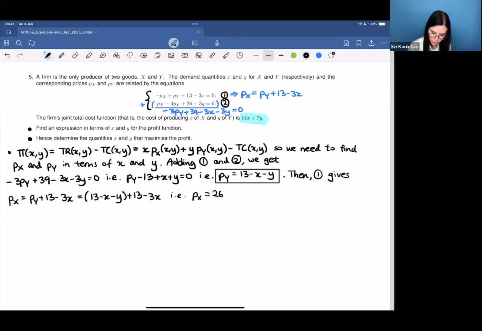And now we are ready to work out the profit function. And let me just write it down here again to be very clear.